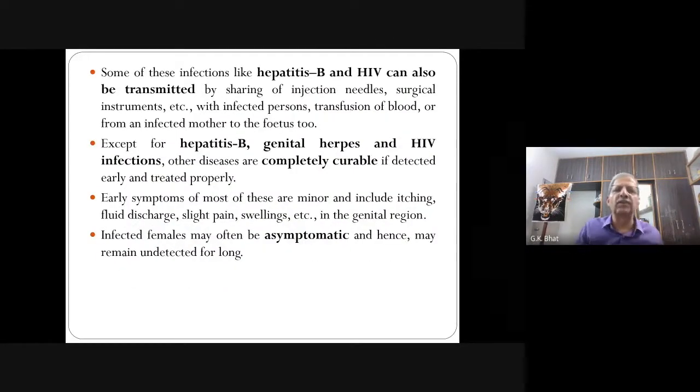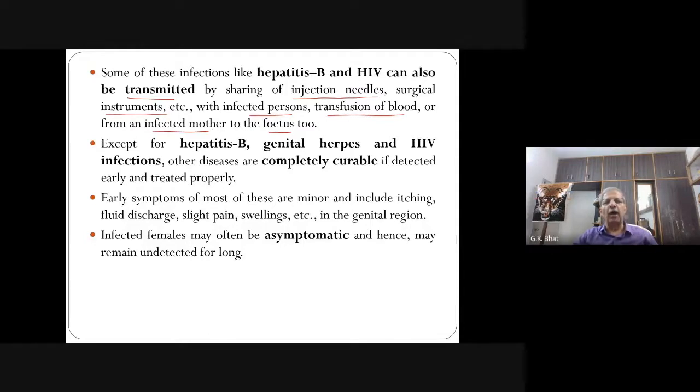Some of these infections, like hepatitis B and HIV, can also be transmitted by sharing injection needles, surgical instruments, etc., with infected persons, through blood transfusion, or from an infected mother to the fetus.